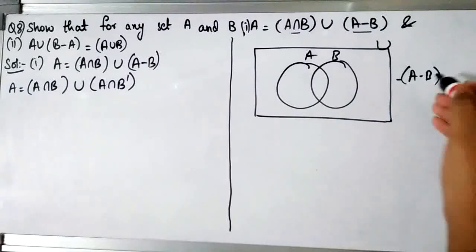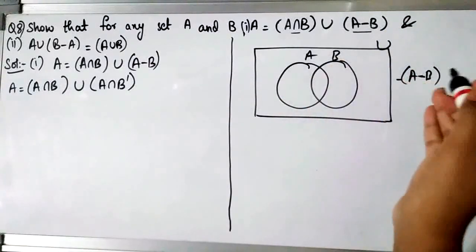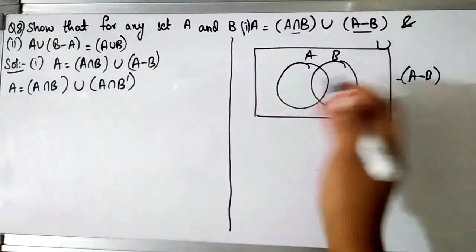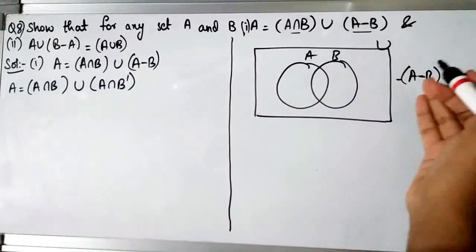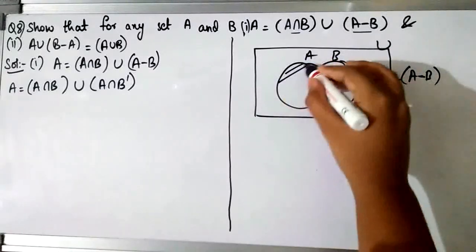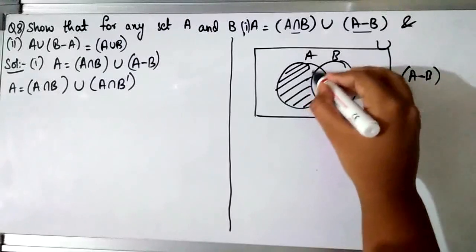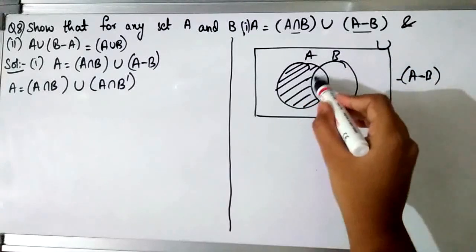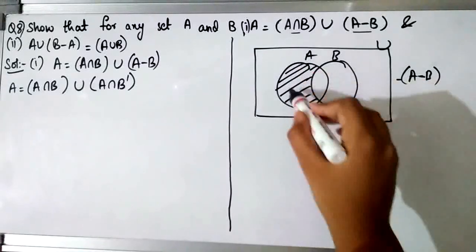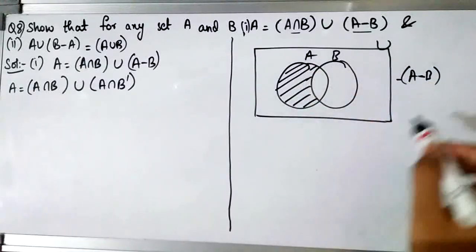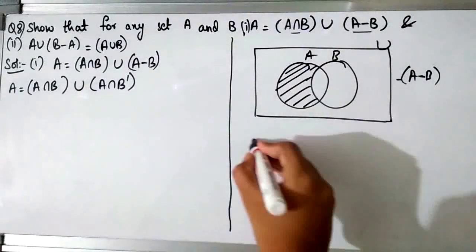For A minus B, first you check the common elements of both A and B, then you subtract those common elements from set A and write the leftover elements of set A. So A minus B will be this region. After you subtract the common part, you shade the leftover part of A, that is your A minus B. Now what will be the Venn diagram for A intersection B complement?